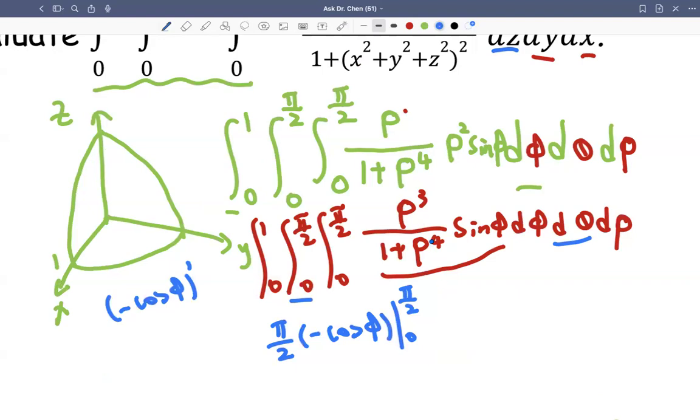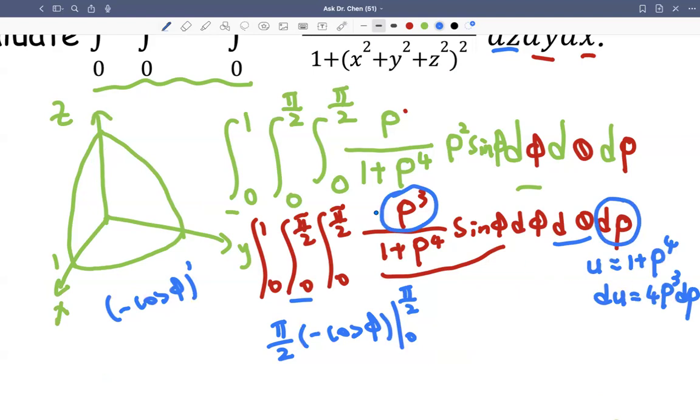Then in the rho direction, well, let's use u substitution. Let u be 1 plus rho to the fourth power. Then du will be 4 rho cubed d rho. Right? So we have rho to the third power and d rho, which is missing this 4.